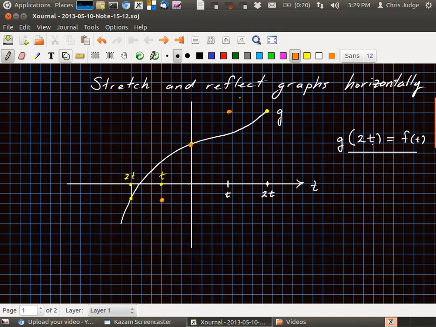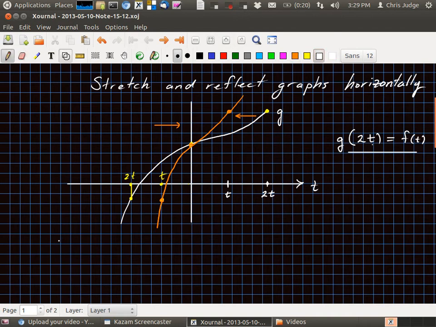So that graph looks something like this. See, it's been shrunk inwards towards the y-axis by a factor of 2. In other words, it's been stretched by a factor of 1/2.